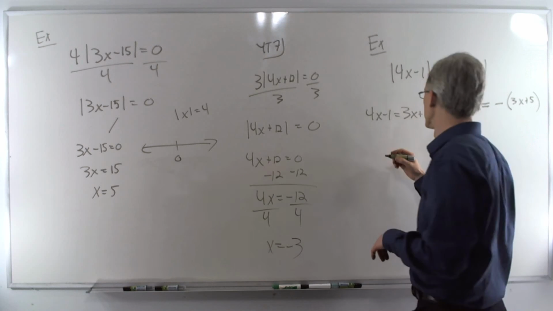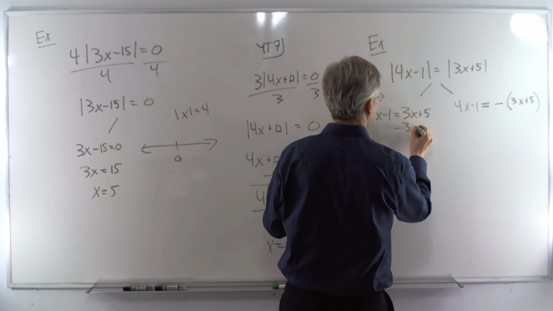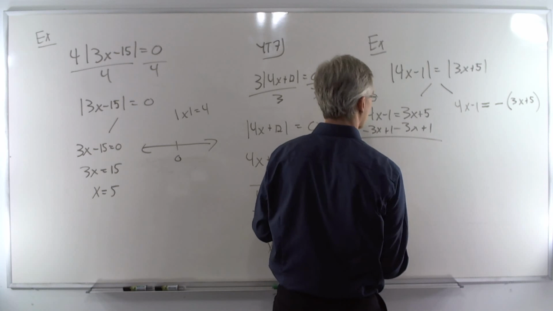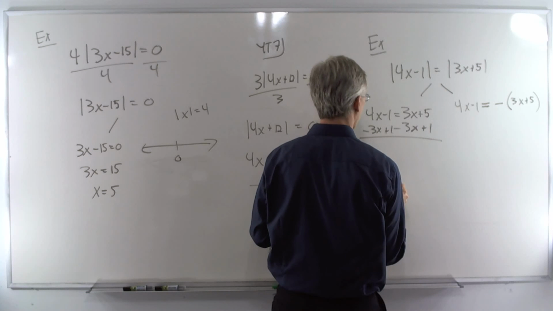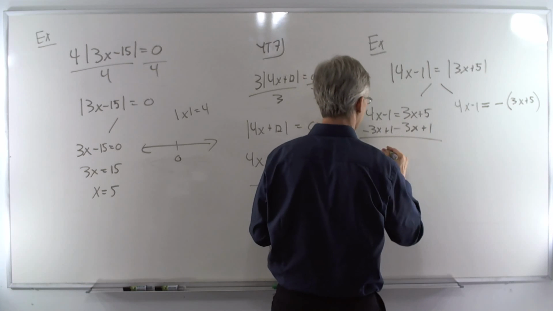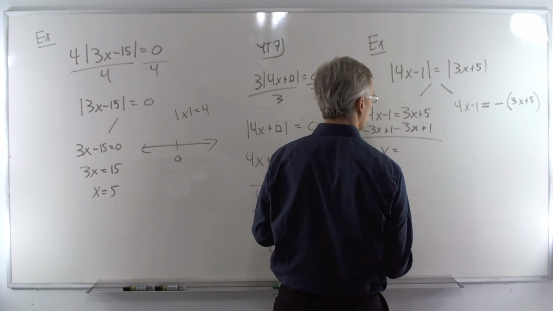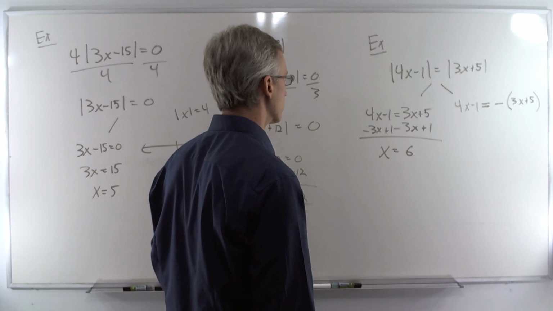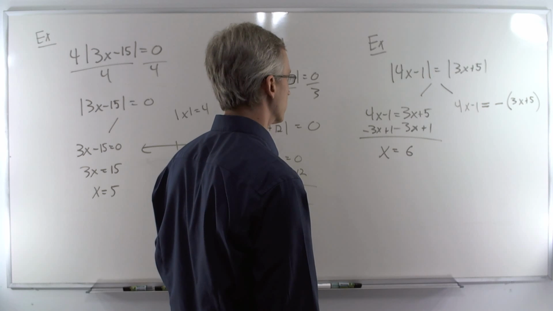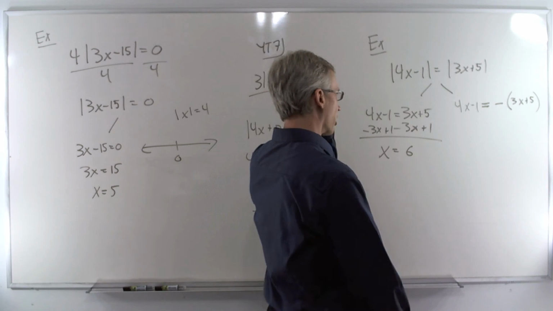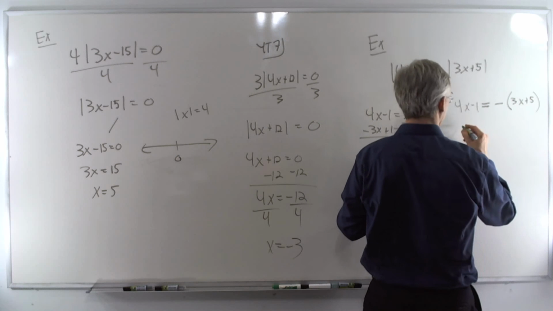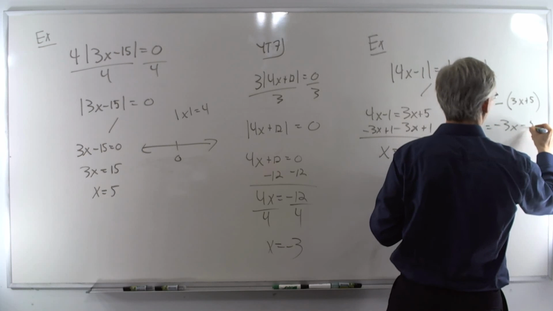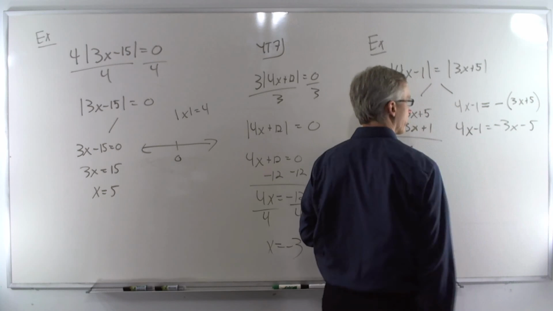All right, let's solve this one first. Going to subtract 3x on both sides and add 1 to both sides. So that gets rid of this. So we got x equals 6. Now on this side, we're going to start by distributing the negative into the parentheses. So we got 4x minus 1 equals negative 3x minus 5. Make sure you apply the negative to both terms.